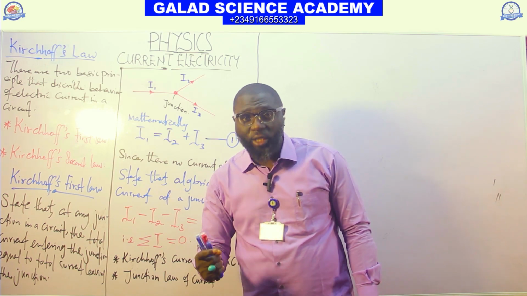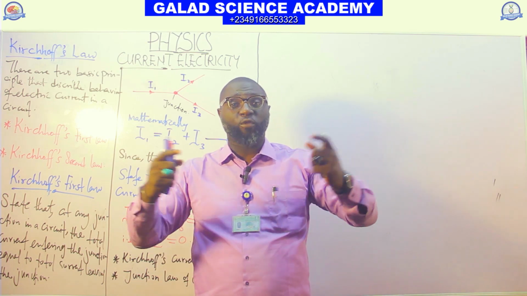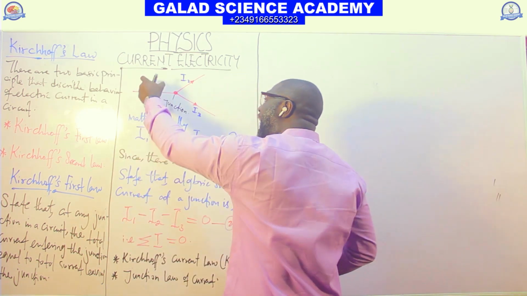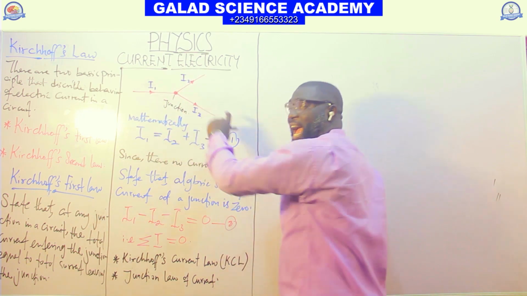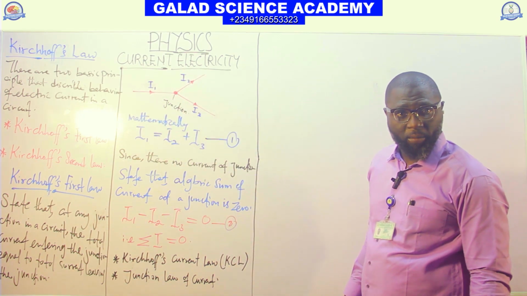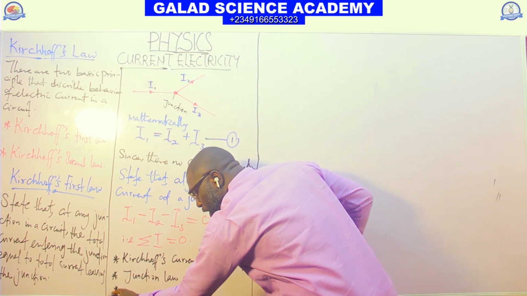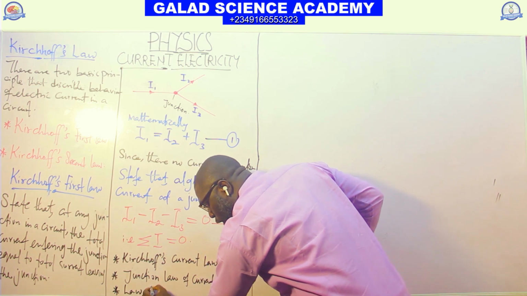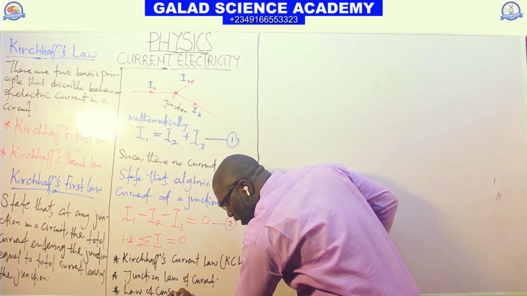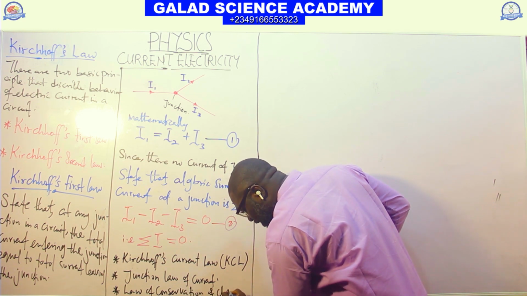We say that charge can neither be created nor destroyed, but can be changed from one form to another. The current I1 changes to I2 and I3. So we can also call it the law of conservation of charge.